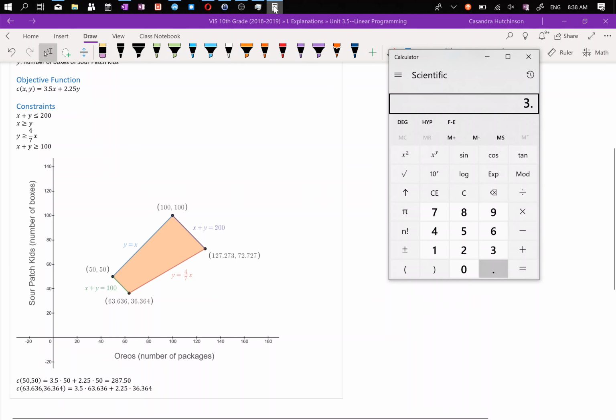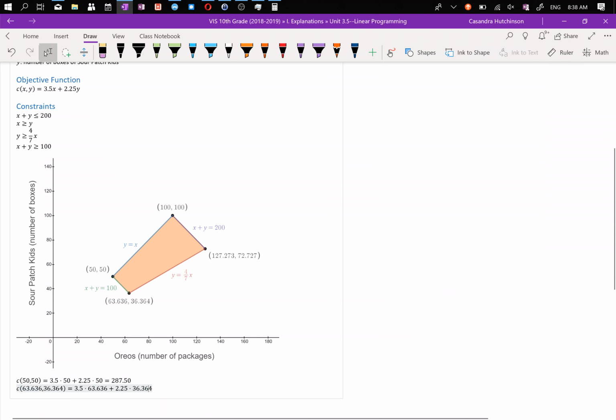Again, so 3.5 times... 304.545. I think I can copy and paste that. Let's find out. Not really. The formatting is bad. Fixed.